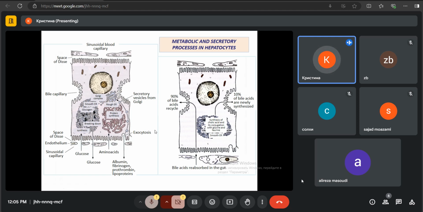Here the metabolic and secretory processes in hepatocytes are shown. In the left picture, the metabolism of glucose is shown. So the hepatocyte takes the glucose from blood. The hormone insulin should act upon the hepatocyte to ensure the intake of glucose.